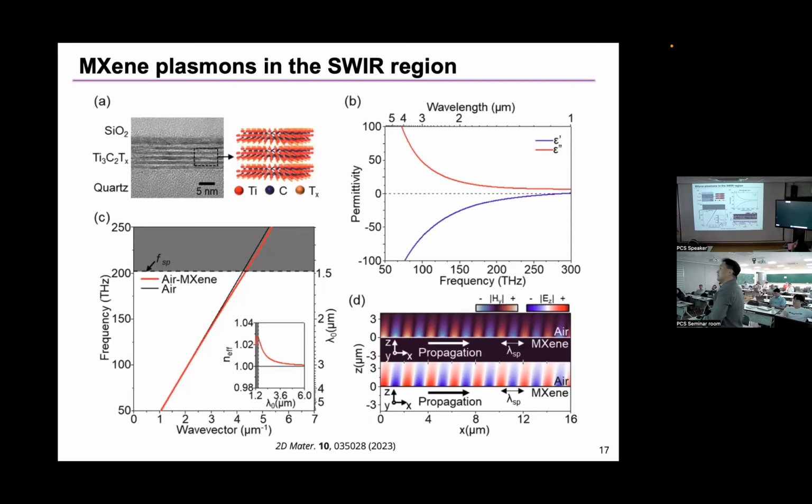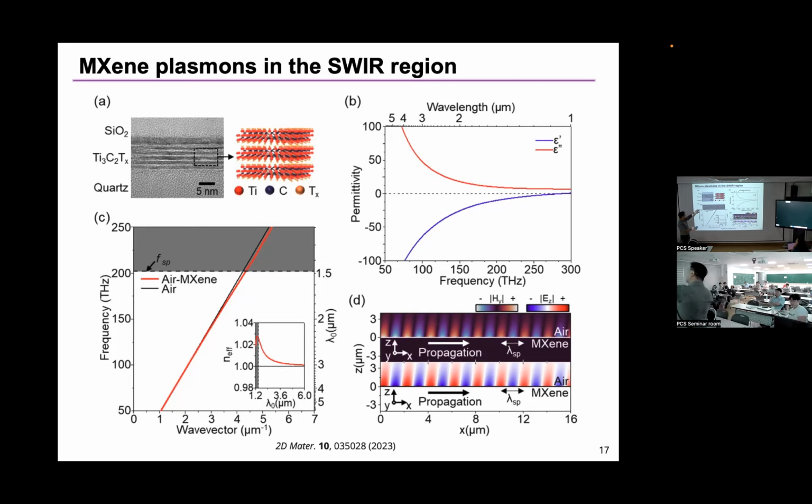This shows the TEM imaging, and the MXene structure is layered on top of the quartz substrate, and we can deposit a SiO2 layer and so on. We measured using this structure. In this case, the thickness is about 5 to 7 nanometers.